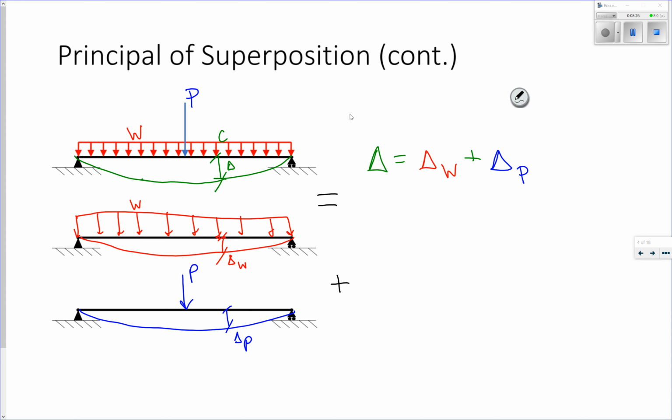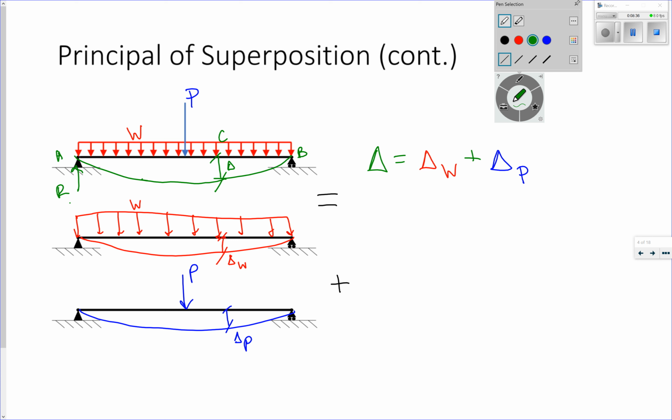And I can do the same for the reactions. If I call this side A and this side B, I'm going to have a vertical reaction at A and a vertical reaction at B. And I can solve for my distributed load vertical reactions.